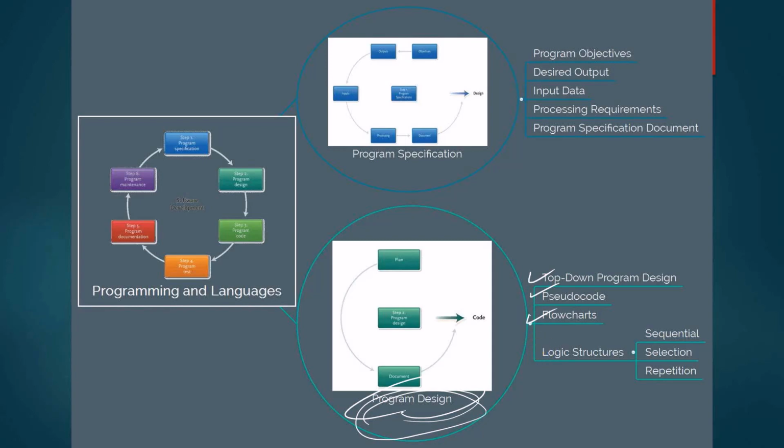Flowcharts are graphical presentations that detail the sequence of steps needed to solve a programming problem. Flowcharts typically express all the logic for just one module that we determined in the top-down program design.